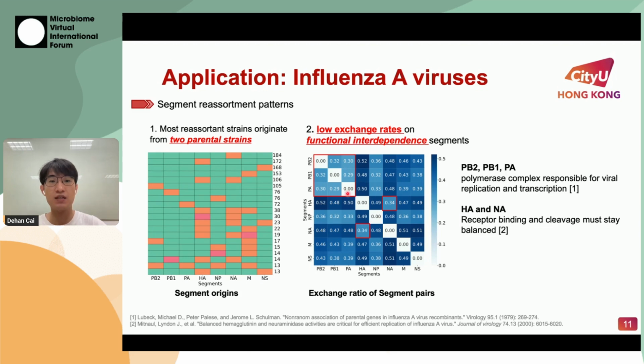We found that these segments are functionally dependent. For example, the HA and NA segments have a much lower exchange rate than other segment pairs. This may be because HA and NA must stay balanced during receptor binding. So our finding aligns with current results and findings.